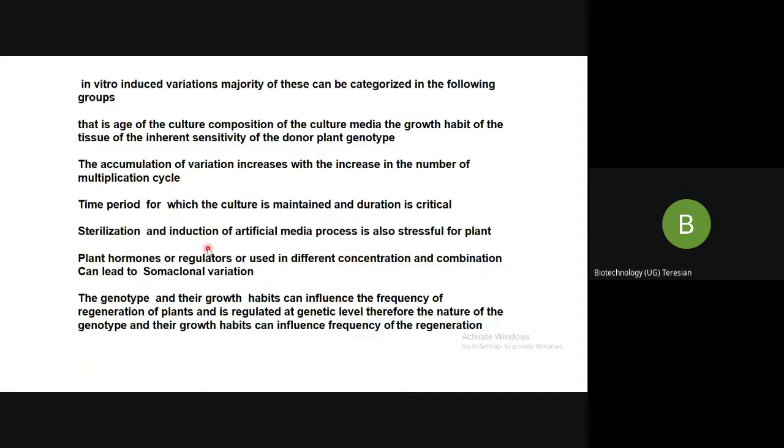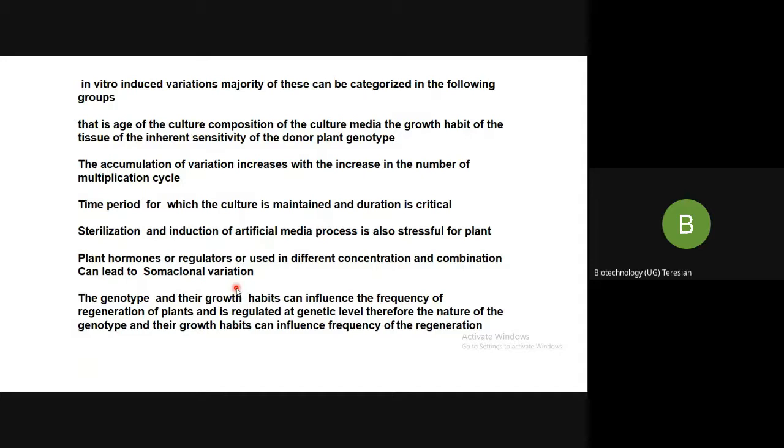And sterilization and induction of artificial media is also stressful for the plant. Before you undertake artificial media development of the explant, they undergo sterilization. Is it not harsh to the plant? Mostly we see that no, it should not be harsh, otherwise it will kill our plant. But still, plant hormones or growth regulators used in different concentrations and combinations can lead to somaclonal variation.